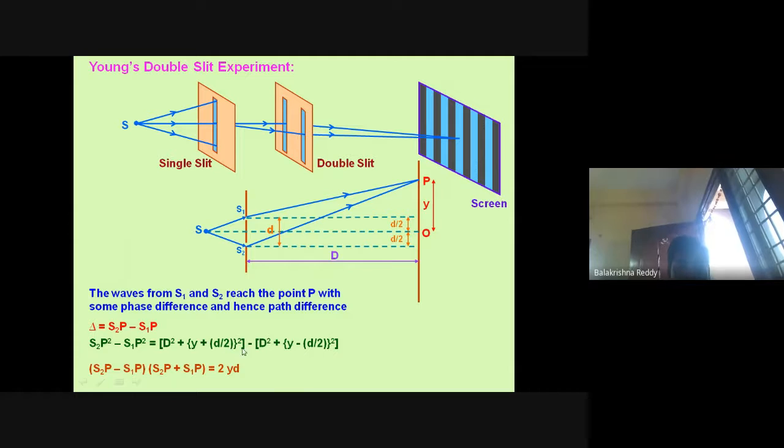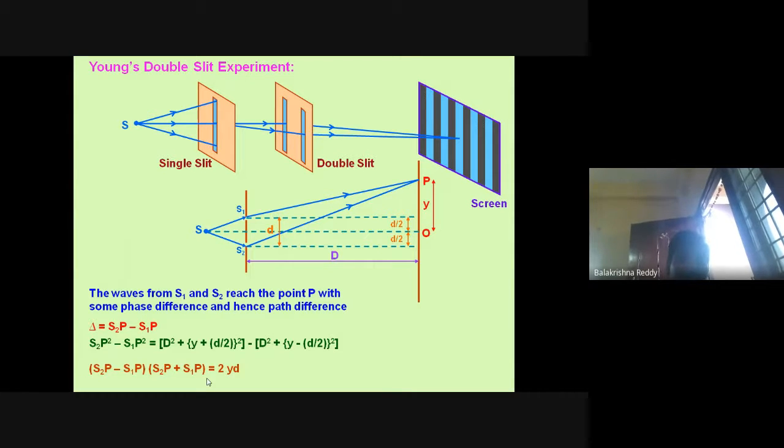When you apply the a plus b whole square, a minus b whole square formula, that gives 2 into yd. 2 into yd for S2P square minus S1P square. This a square minus b square I am writing in terms of a minus b into a plus b.